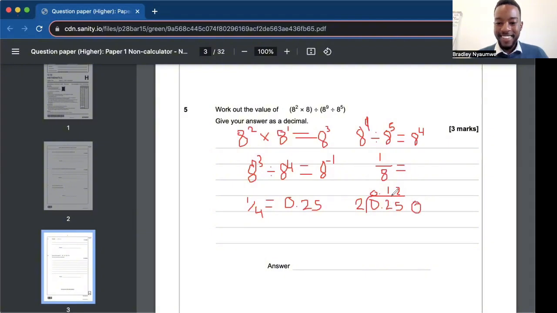That's a 0. And then we got 1, and then we got 5. So 0.125. And that is 1/8. So that is the decimal for 1/8, 0.125. And that is our answer, 0.125.